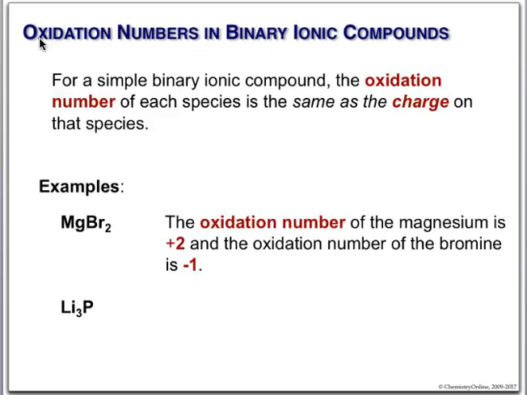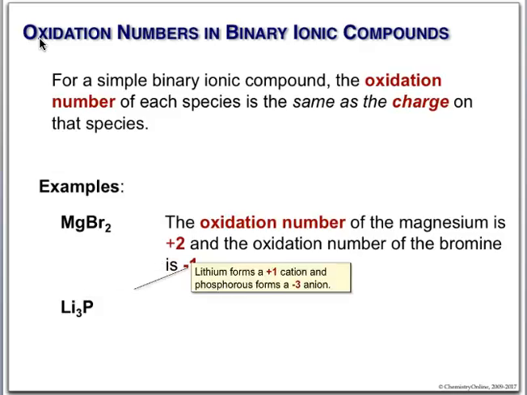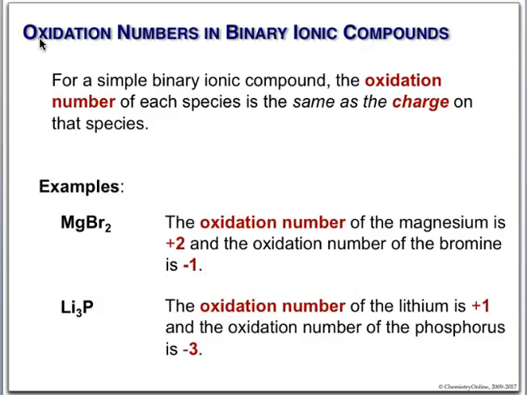The same as the charge, just a different terminology. Lithium phosphide, +1 and -3. The oxidation numbers are +1 and -3. Now for simple ionic compounds, this is really easy to do.